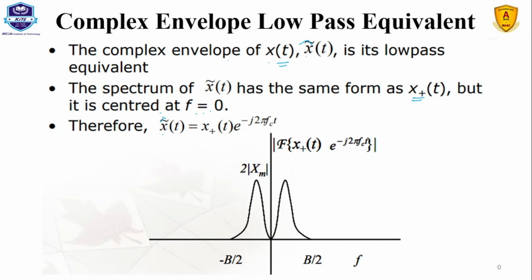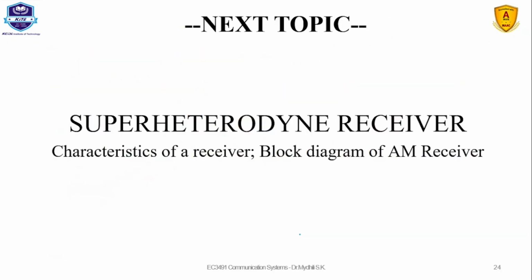Therefore x hat of t is nothing but x plus of t times e power minus j 2 pi fc t, which has the positive spectrum. We know the positive pre-envelope is contained within the positive side only. Taking the Fourier inverse of x plus of t, we will get the signal. So it is the range contained between these two equivalents.